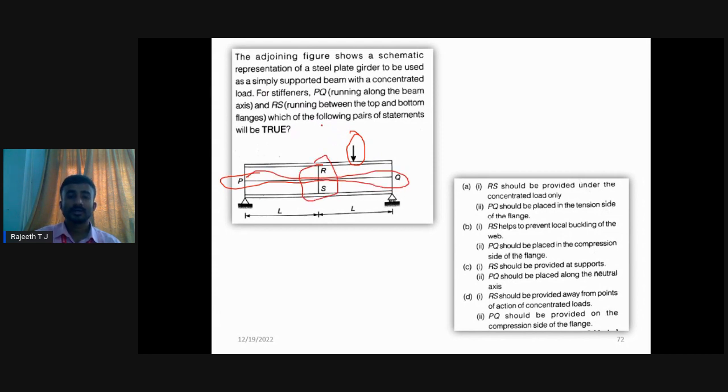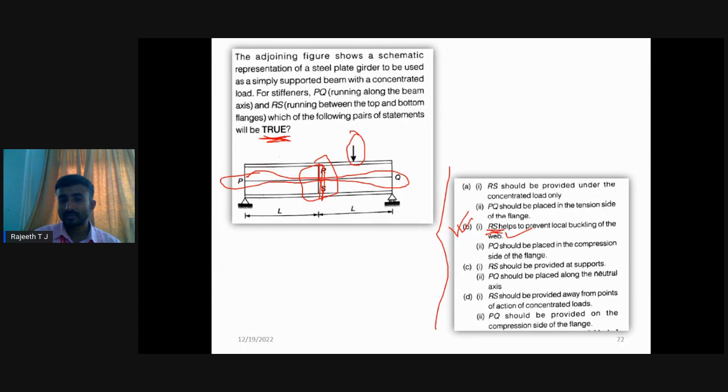Okay, now where we need to place these? So they're asking which is the true condition we need to specify out of these four options. Okay, so here I will go directly to the answer. RS is nothing but a vertical stiffener. RS helps to prevent the local buckling of the web. Therefore, we need to provide it here.